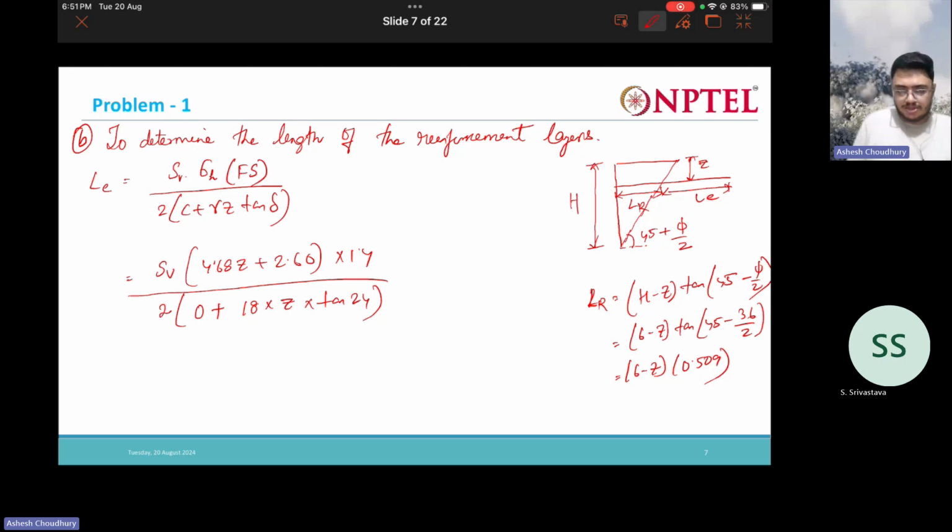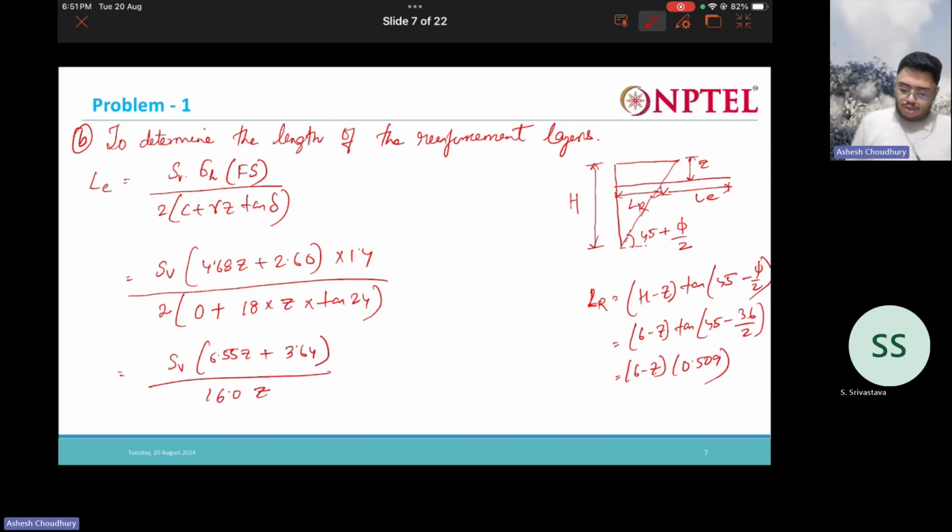So we put that in. Now if we calculate, we'll get SV times 6.55z plus 3.64 by 16z, right? How much? 2 into 8. Yeah, 16z.